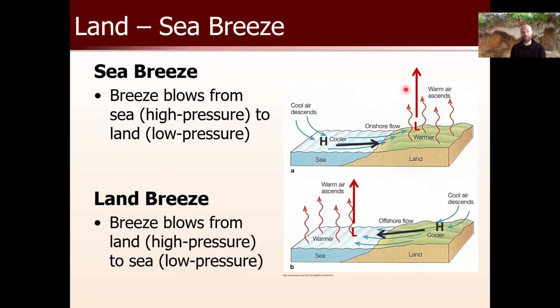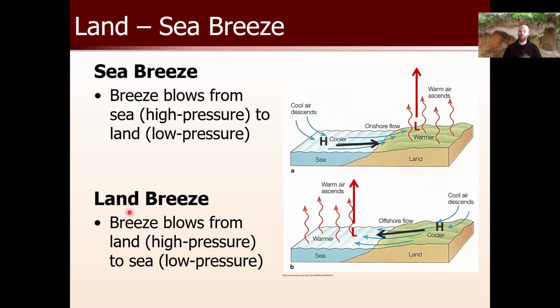So the reverse happens then at night, where the land cools down much more quickly and that water has been slowly heating up. And actually, the water and the air immediately above the water is now warmer when compared to the air above the land. So now you've swapped. And so your local low pressure center is over the water, air is rising over the water, and then air comes back down and flows from land to the water.